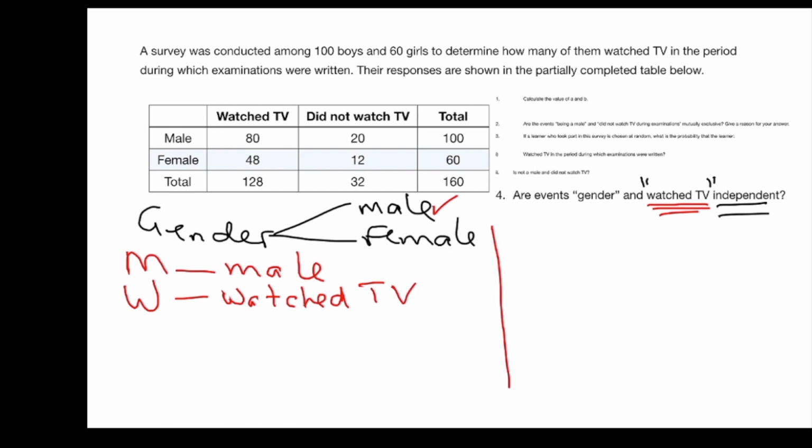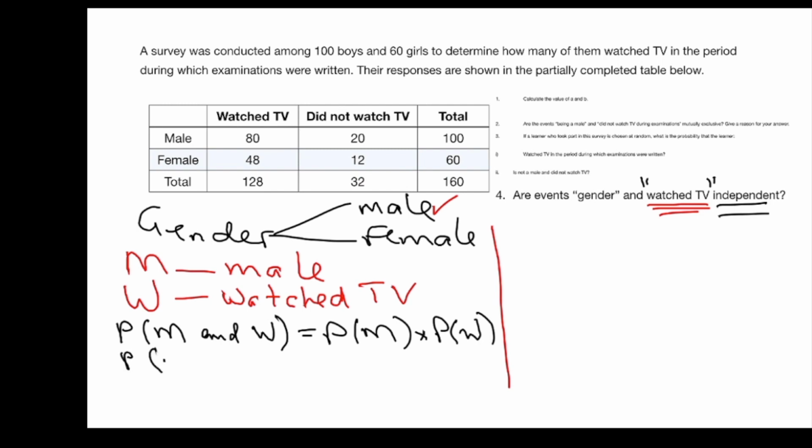Now, to test for independence, we need to check whether the probability of M and W is the same as the probability of M multiplied by the probability of W. So that is what we are checking. Let's take the left-hand side.